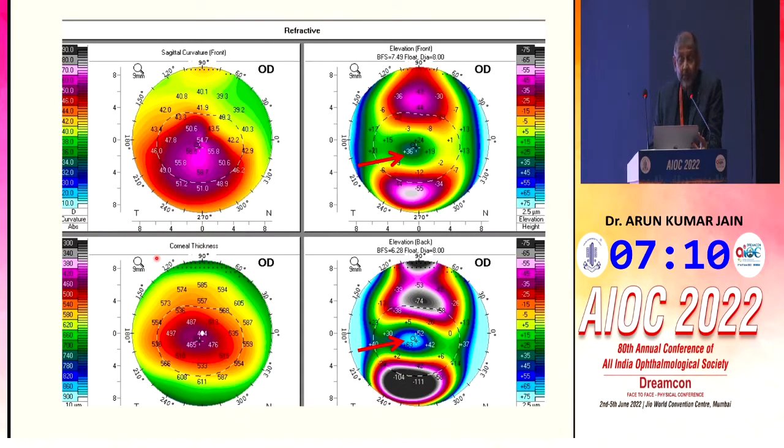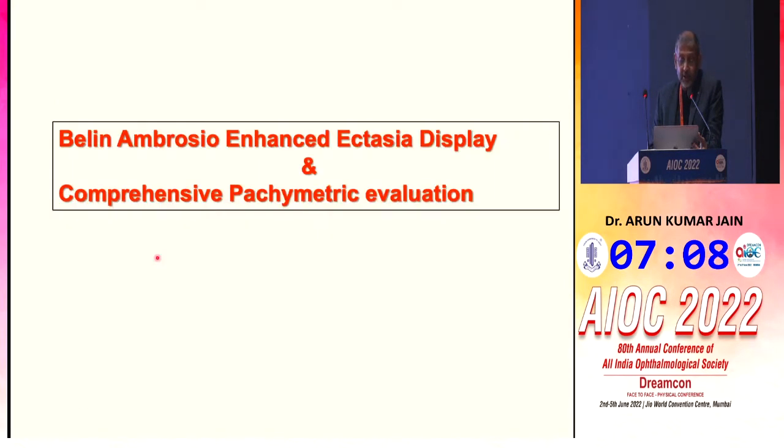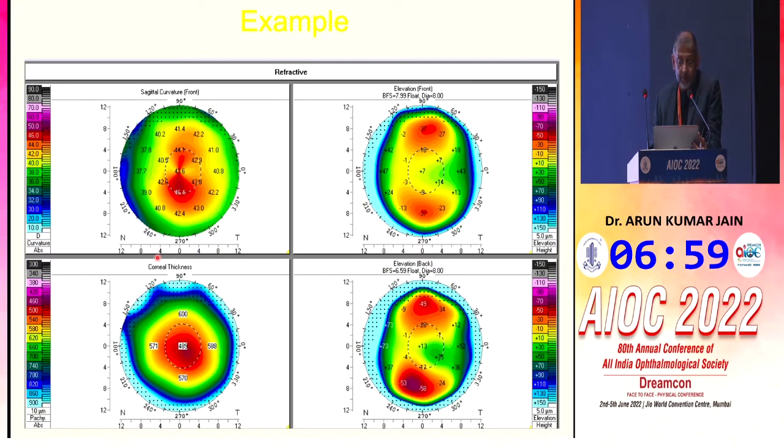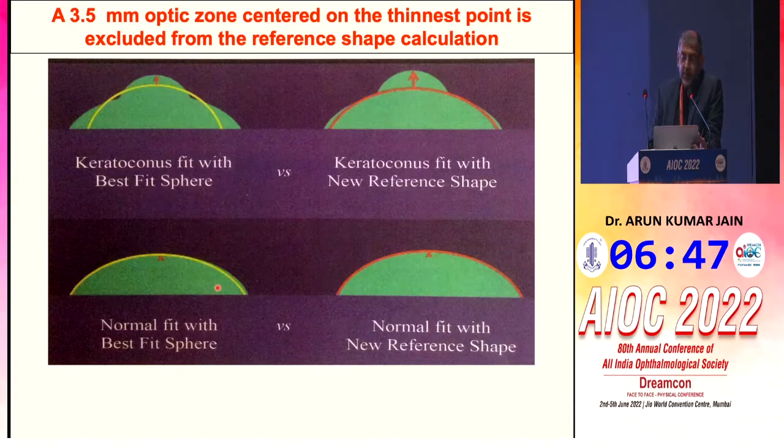keratoconus. But sometimes when the findings are subtle, we have to look at the Belin-Ambrosio enhanced ectasia display and the comprehensive pachymetric progression. This is an example of a patient who had around 460 micron thin corneas, and what the Belin-Ambrosio map does is that a 3.5 millimeter optic zone centered on the thinnest point is excluded from the reference shape map.